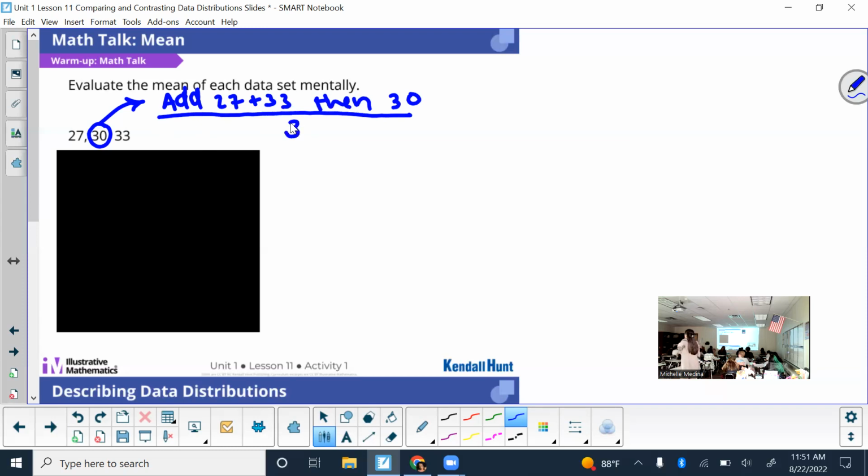Good, so that is a strategy. Maybe add numbers together that work better for you and then like, changing the order of it. Anyone have a different strategy or something that they based it off of? Anyone notice that 27 is 3 away from 30 and 30 is 3 away from 33?